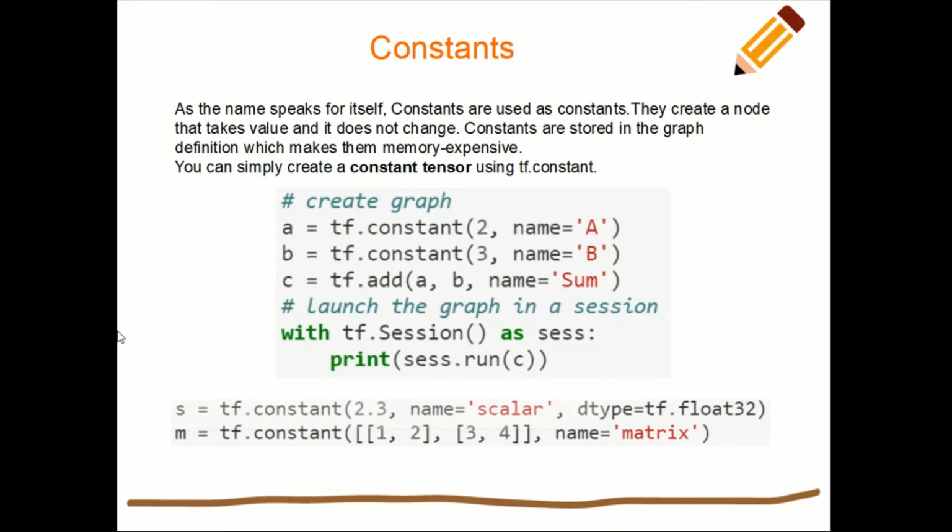There's a concept of constants, and the reason that concept is required is that when we give inputs as Python variables or NumPy variables, they are automatically converted into tensors.